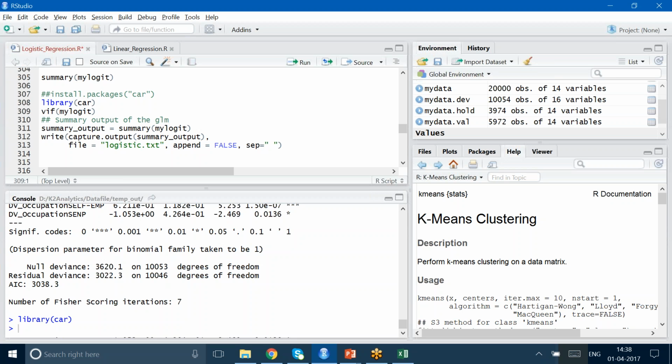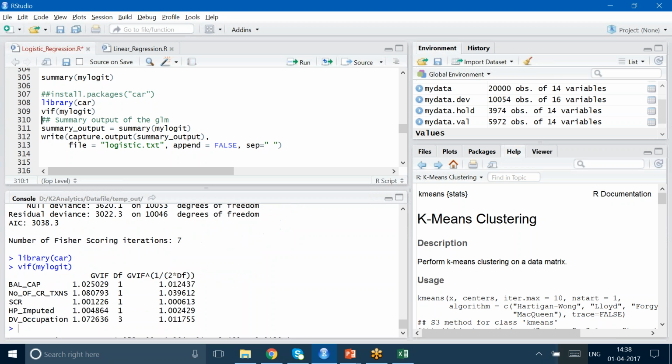In this case, all the generalized VIFs are around 1, which means the variables balance cap, number of credit transactions, score, holding period imputed, and the derived variable of occupation are not collinear with each other.